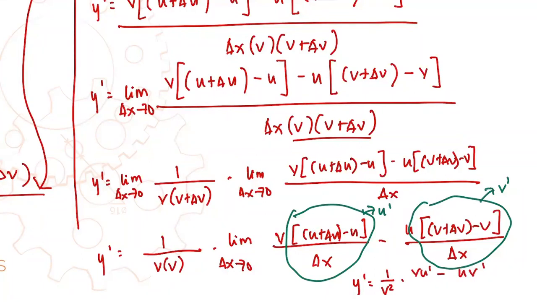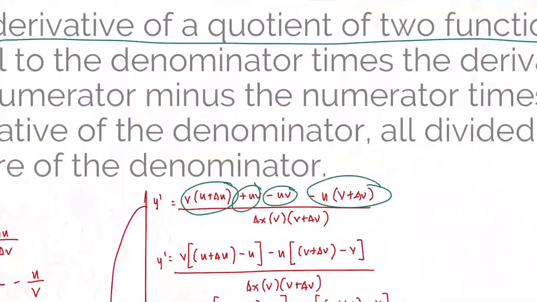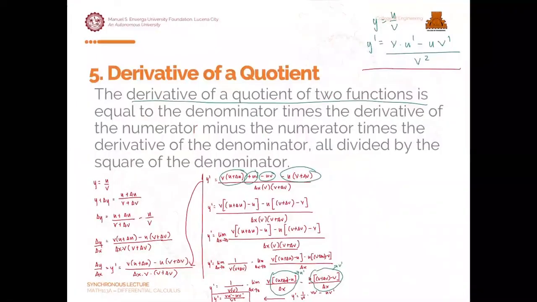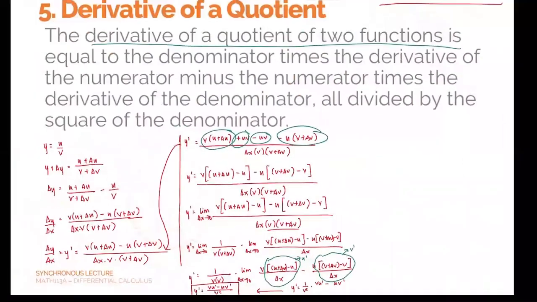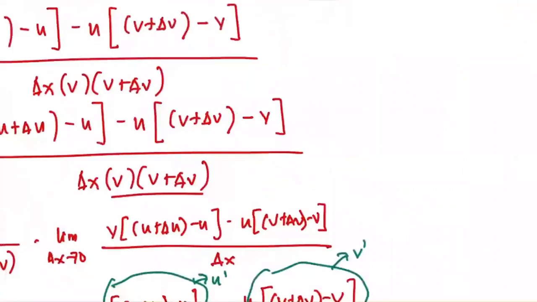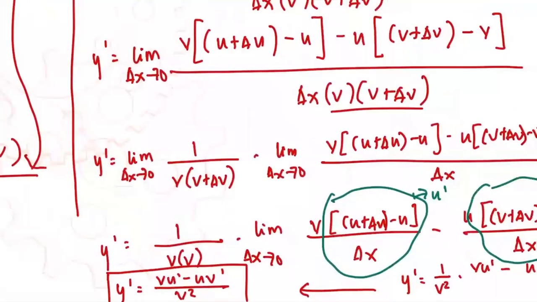Okay? O kapag sinimplify, we have y prime is equals to v u prime minus u v prime all over v squared, which is yung equals dun sa mismong formula natin dito sa taas. Okay? Ay, may space pa para dun sa tabi. Ang pinagkakasya ko doon. Wait lang. I-rewrite ko nga. Akala ko wala nang space.